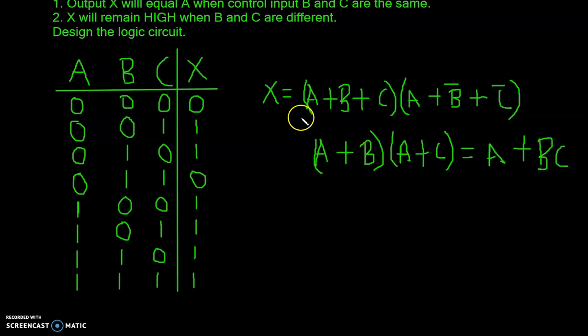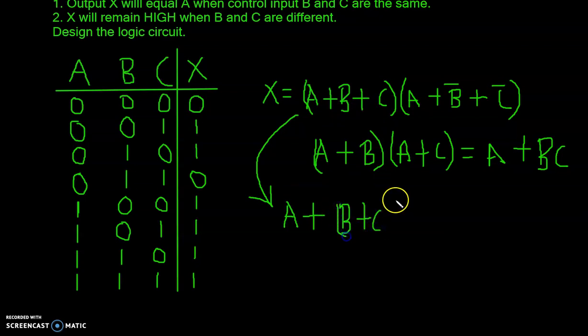So we can write this expression as A or B is B or C, and your C is B complement or C complement.